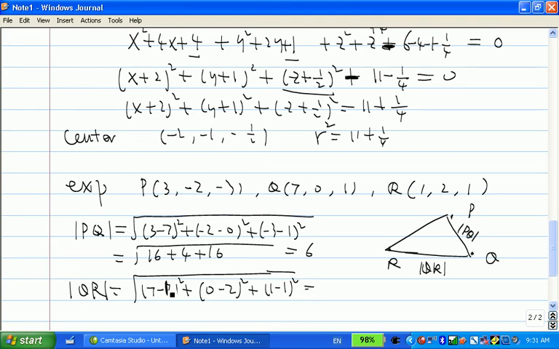So 7 minus 1 gives you 6 squared, 36, plus 4, square root of 40.